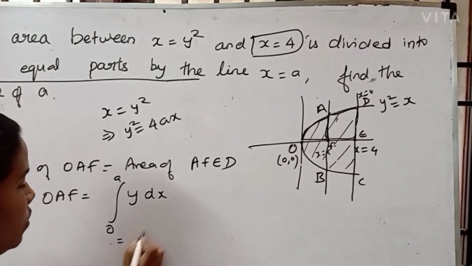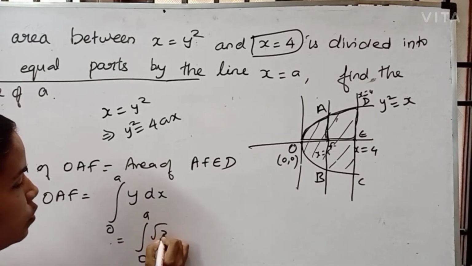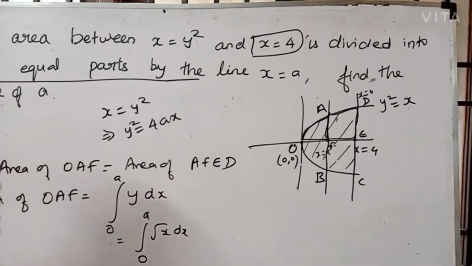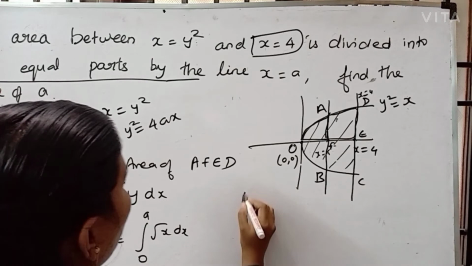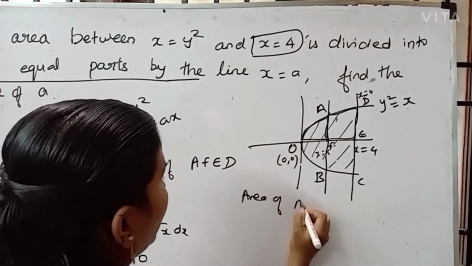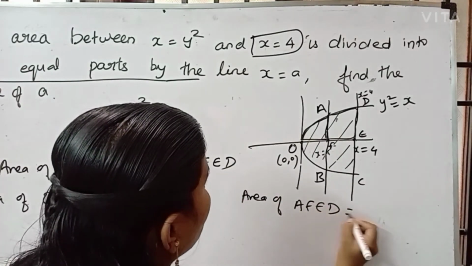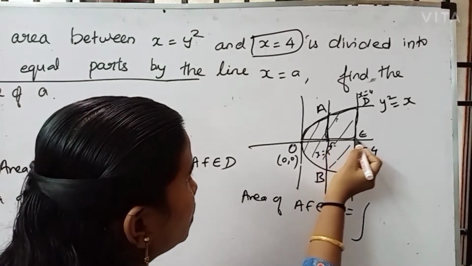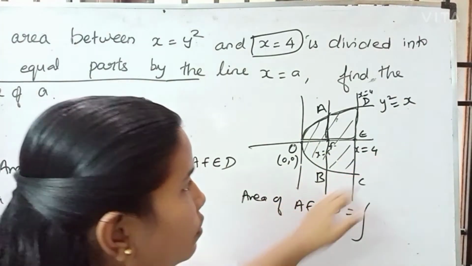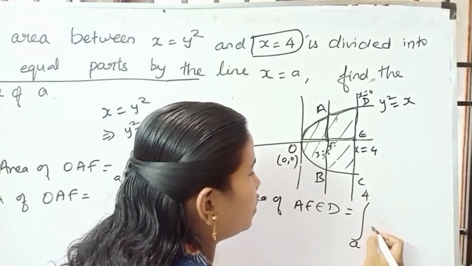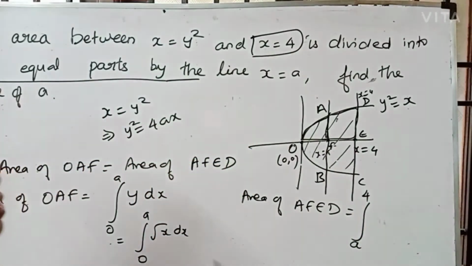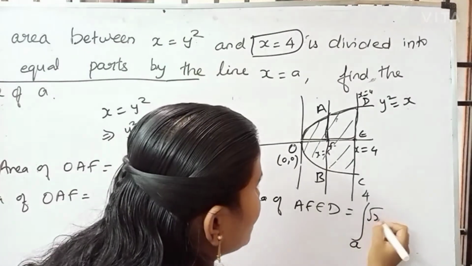This is equal to the integral from 0 to a of root x dx. And the other area, of AFED, is equal to the integral from here to here, so from a to 4. This is a and this is 4. So the integral from a to 4 of y dx. What is y? y is root x.